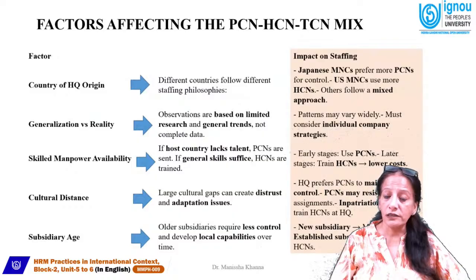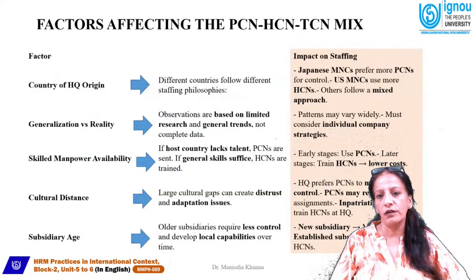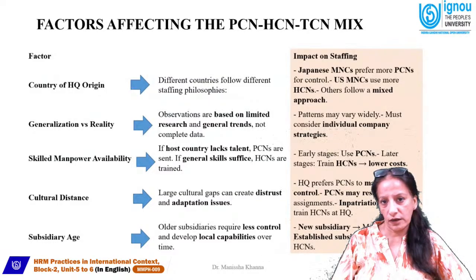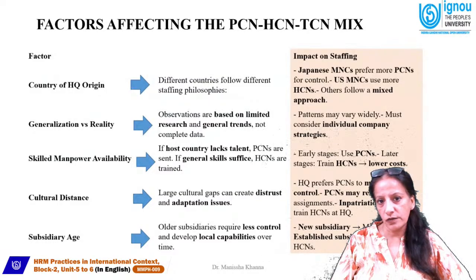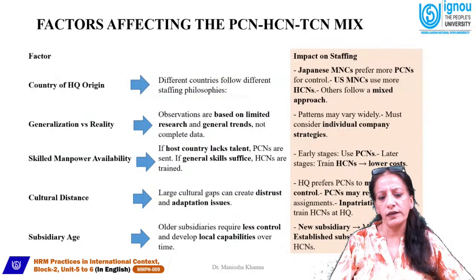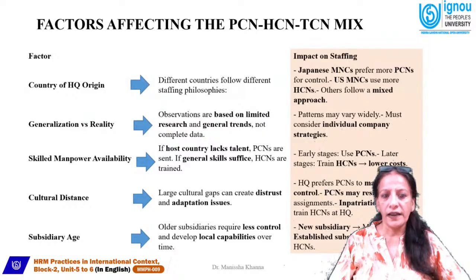Cultural difference. Larger cultural gaps can create distrust and adaptation issues when the PCN, HCN, TCN mix is there. So sometimes it may create cultural gaps between the employees or the organization's work culture as well. Subsidiary age: older subsidiaries require less control and develop local capabilities over time.